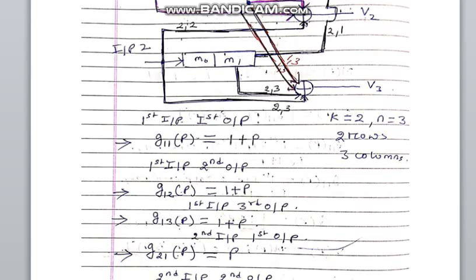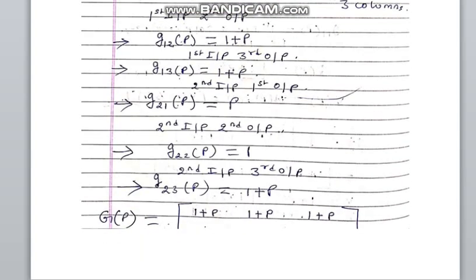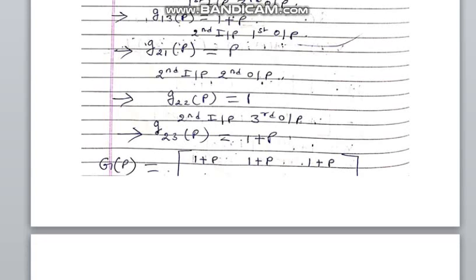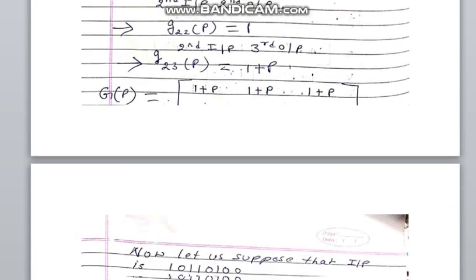Only M1 is connected to V1, so we will write it as P. In a similar manner, G22, second input, second output. Just check the line over which I have written 2 2. You can see that only M0 is connected to the second adder, so we write it as 1. In the same manner, I have written all the other polynomials.